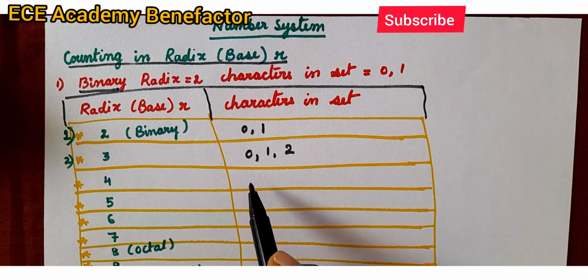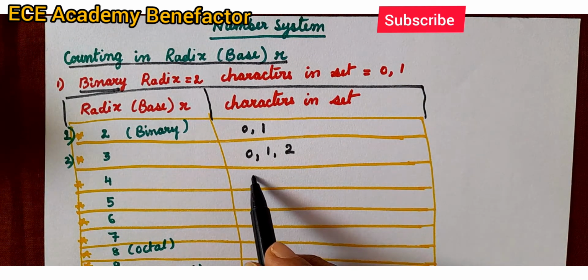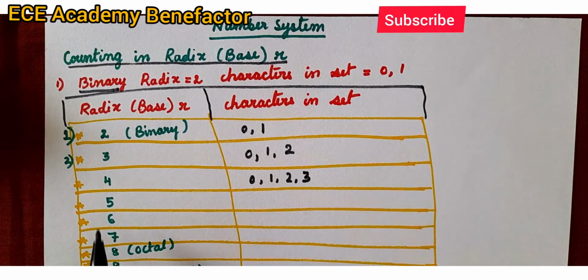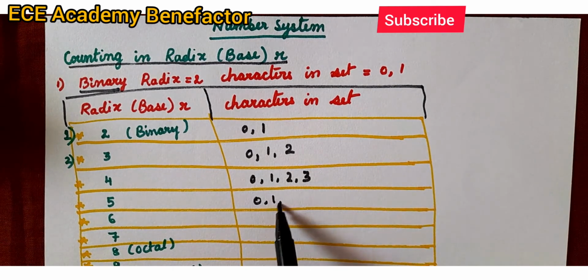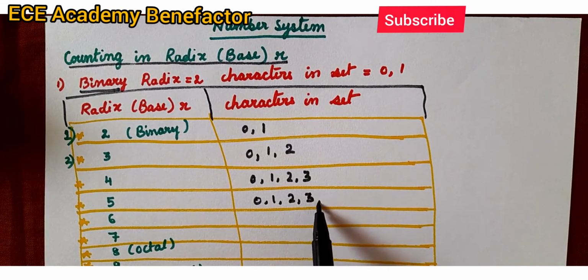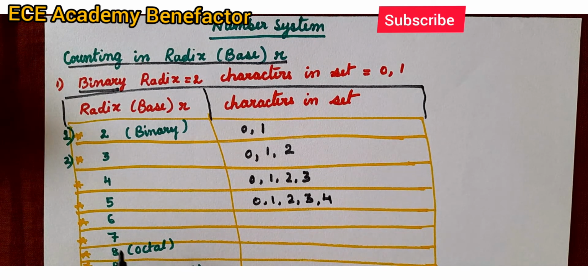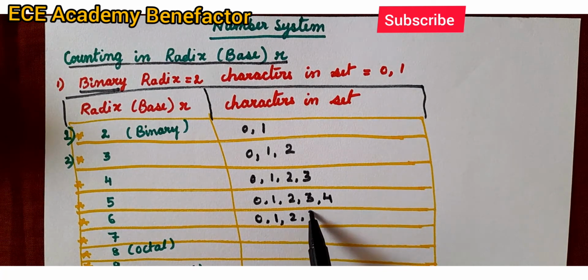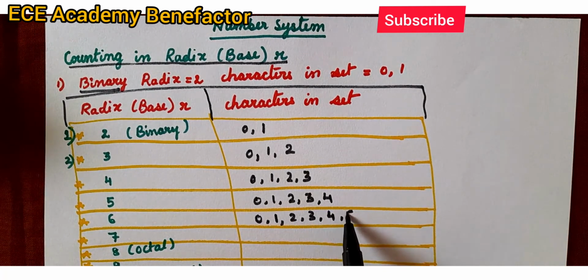Radix 4, the characters are 0, 1, 2, 3. Radix 5, characters are 0, 1, 2, 3 and 4. Radix 6, characters used are 0 to 5: 0, 1, 2, 3, 4 and 5.